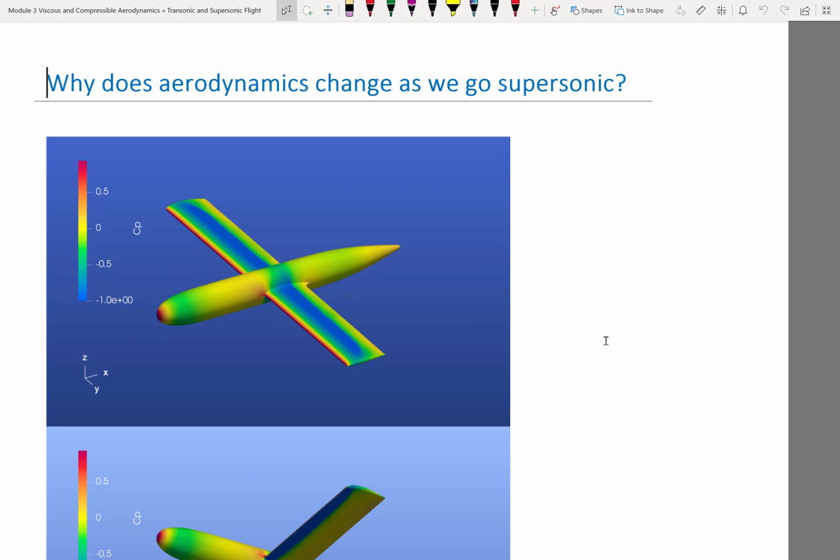Okay, so this is actually responsible for the famous Mach tuck that was responsible for a lot of accidents in the beginning of transonic flight, when airplanes started to be fast enough to suffer from compressibility effects.